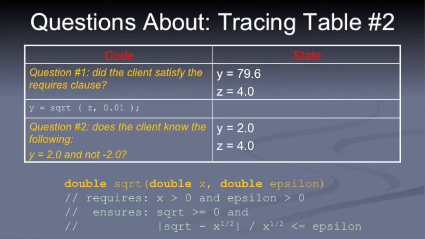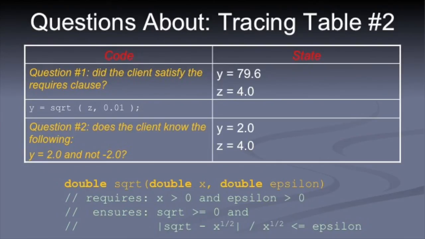Now we have two questions. Did the client satisfy the requires clause? To determine this, substitute the value stored in z for x in the requires clause. Also substitute the 0.01 for epsilon. And you see the answer is yes. X's value and epsilon's value are both greater than 0. So we have a responsible client here.